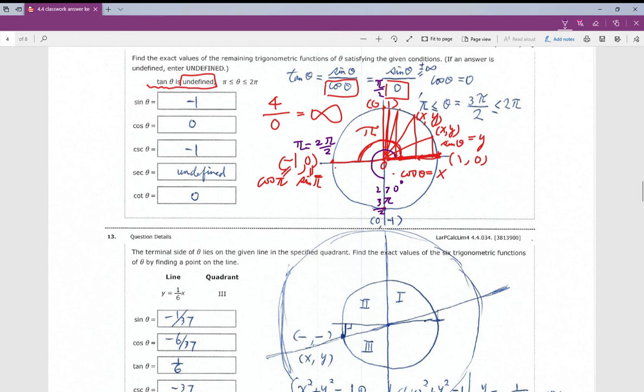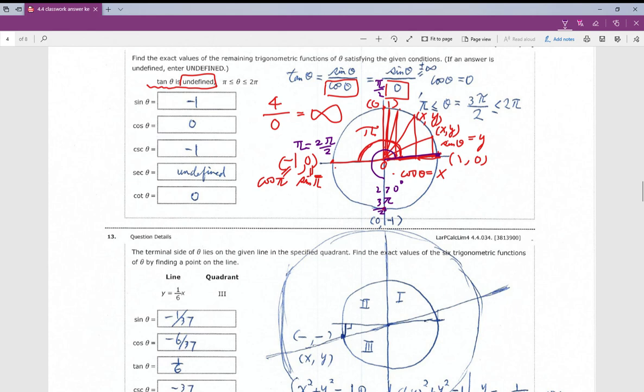So when you have 3 pi over 2, the x value will be 0. Or you just take a look at the coordinate. X is 0, y is -1. And then I keep going back to the initial side and the point. X is 1 and y is 0.